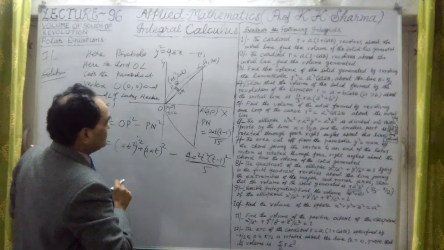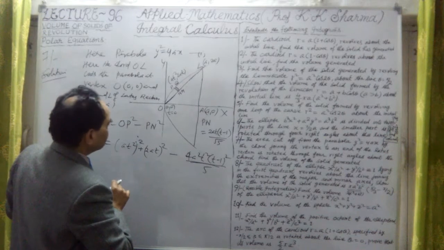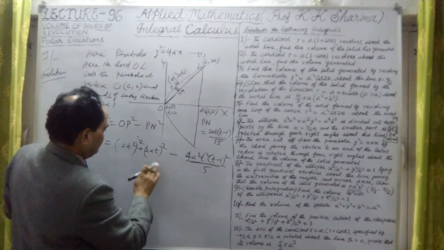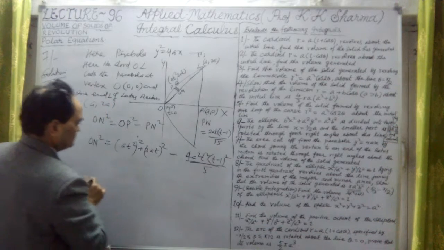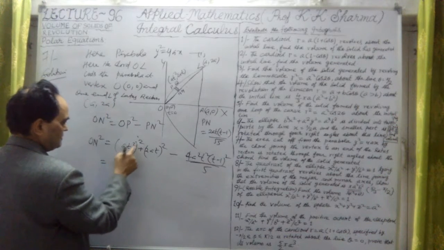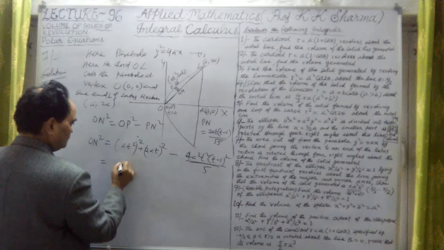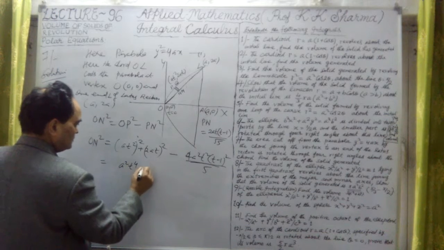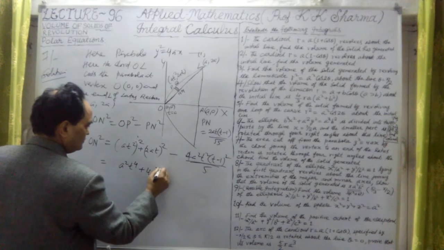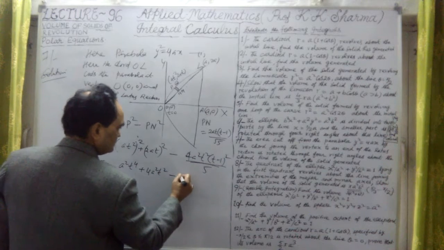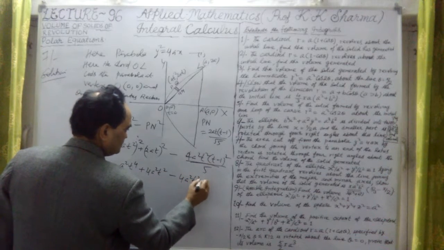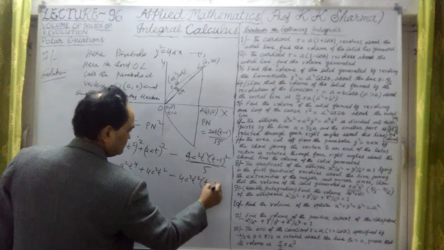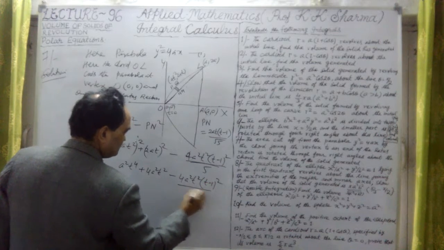Solving this, it will give us a to the power 4 t to the power 4 plus 4a square t square minus 4a square t square into t minus 1 whole square upon 5.